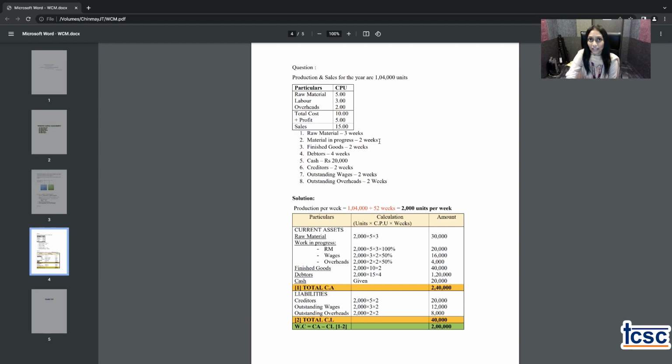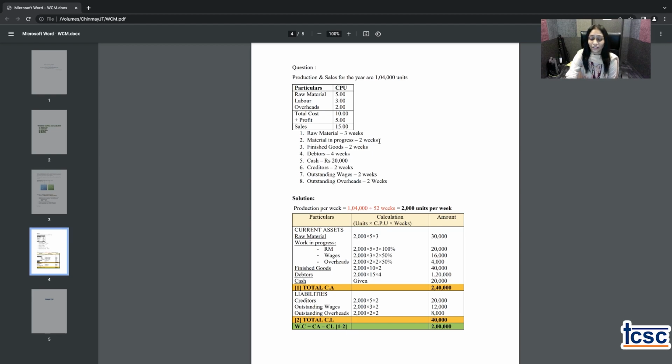So the time lag for payment to creditors is 2 weeks. Next is outstanding wages 2 weeks. What does that mean? The laborers who convert our raw material into work in progress and finished goods, for them we give payment after 2 weeks, whereas outstanding overheads are 2 weeks.